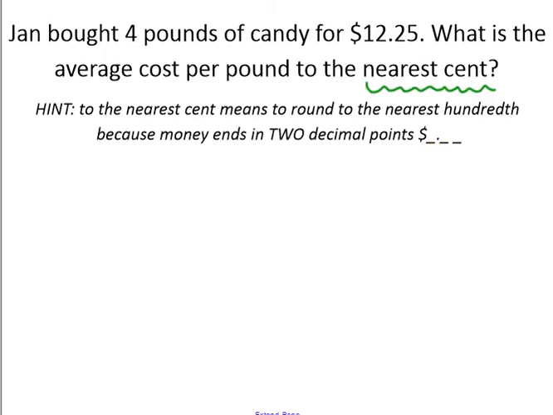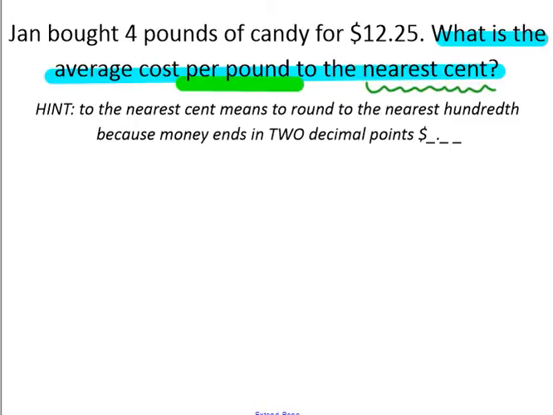Okay? So that being said, let's go ahead and annotate it. What is the question? What is the average cost per pound to the nearest cent? Now, what is my operation? Well, she bought 4 pounds of candy for $12.25. What is the average cost per pound? This per pound is telling me I am dividing something up into parts, so I have a division problem here.